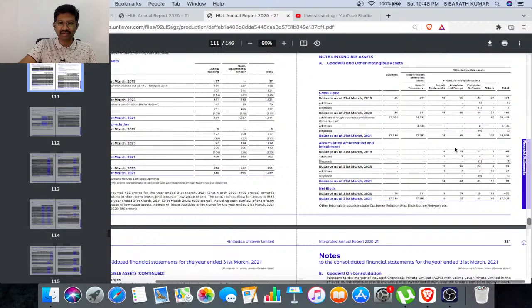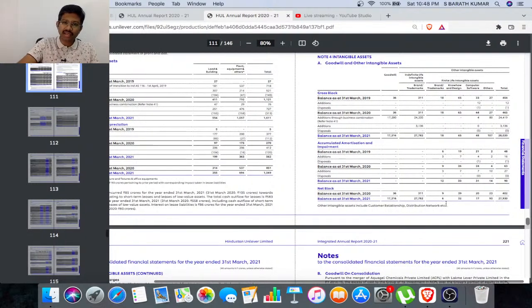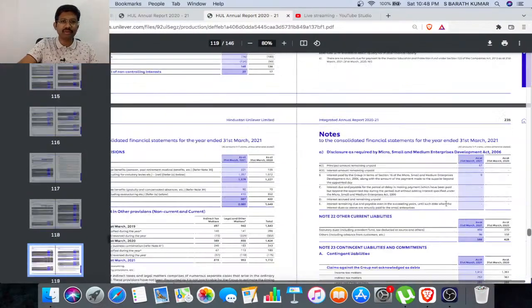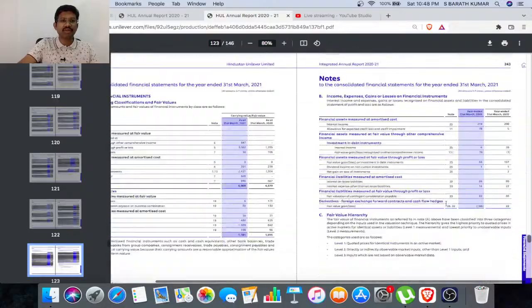Again here you see the goodwill component is around 17,300 crores, and the intangible is roughly 27,800 crores. Again they have not really specified the details, but tucked it under something called note number 41. So then I had to go through that note. I'll explain here what that is.